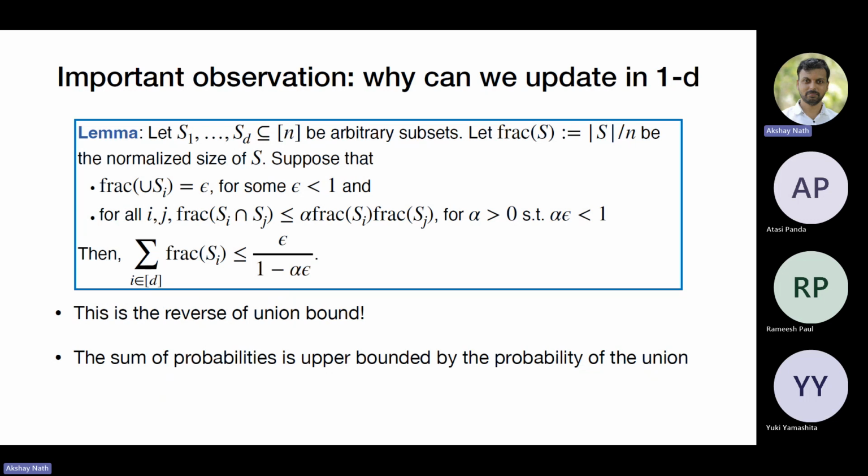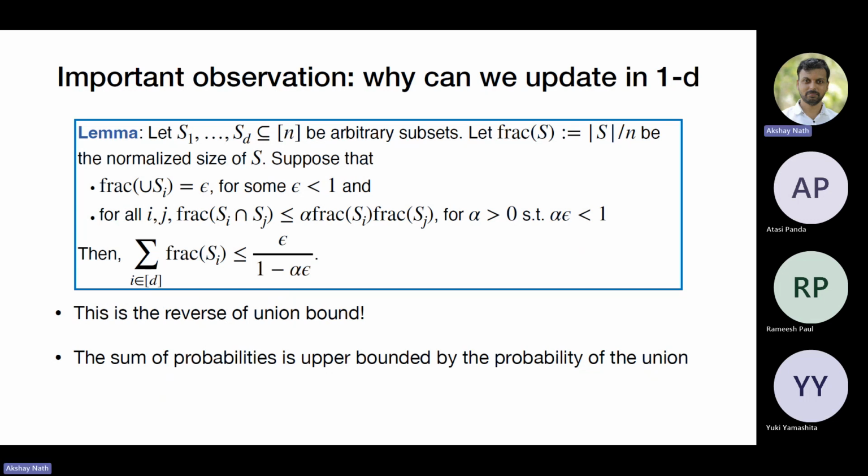So this lemma is a reverse of the union bound. In the conclusion, the left-hand side is the sum of probabilities, and the right-hand side is the probability of the union. Epsilon is the union of the S_i.